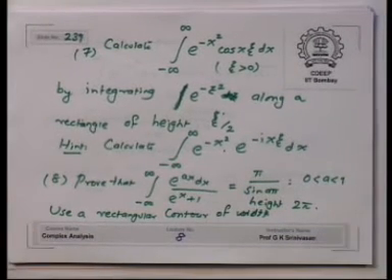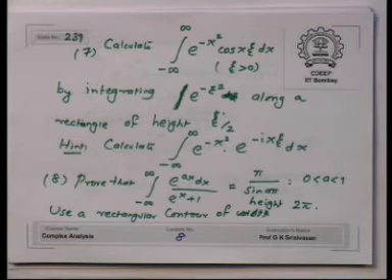Calculate the Fourier transform of e to the power minus x squared. We have done this in MA 108 also by using differential equations, but here I want you to do it by using complex analysis.